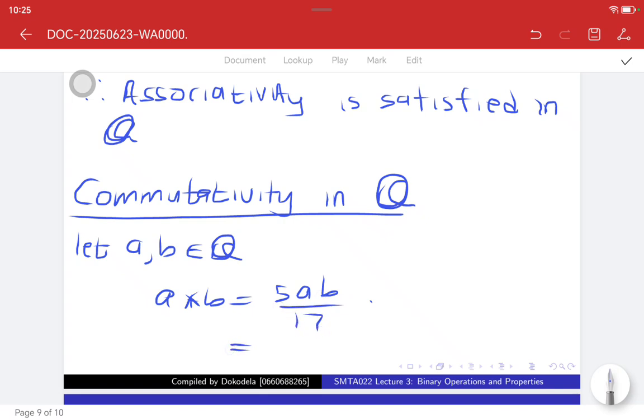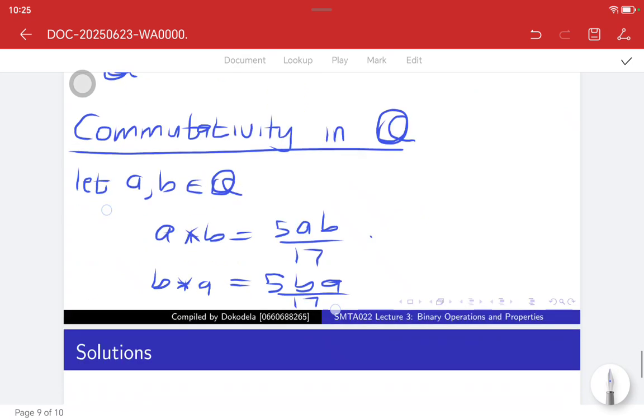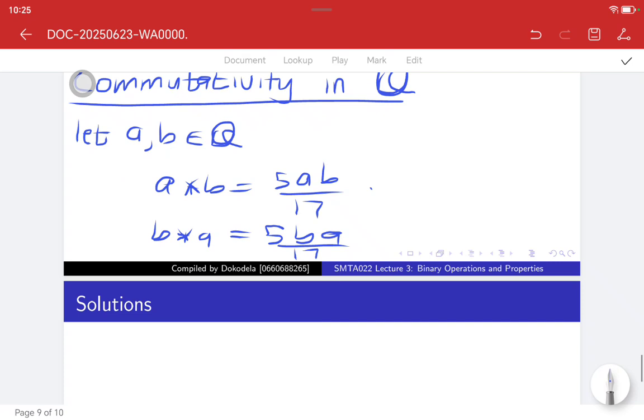Then if we apply B star A, we replace A by B and B by A. These two still give us the same thing. Hence, A star B is equal to B star A. Multiplication commutes, so this is still going to give us the same answer.